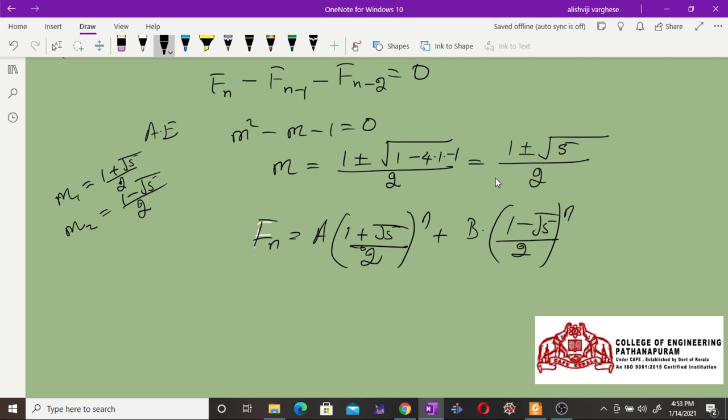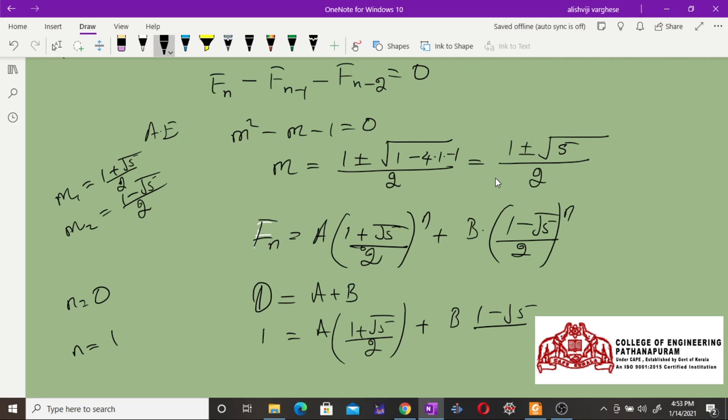And now if we substitute n is equal to 0, we have F_0 is 0, so 0 is equal to a plus b. And when we substitute n is equal to 1, we have 1 is equal to a into (1 plus root 5 divided by 2) plus b into (1 minus root 5 divided by 2).